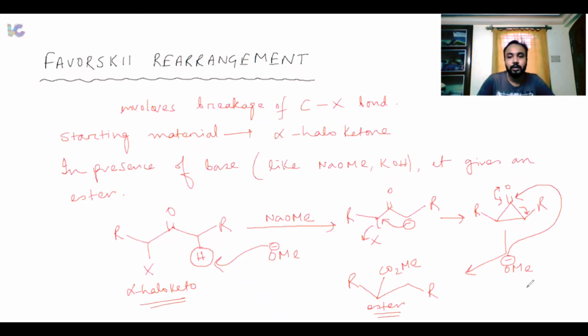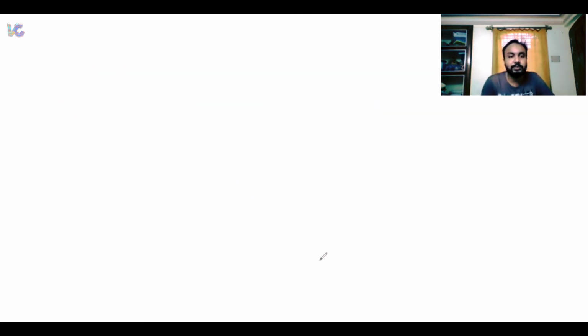Now here in this case, we have both the R groups the same. Or we may have one R group on this side and another one on the other side. Let's take an alpha haloketone where on this side we have one R group, on this side we have two R groups, and over here a halo.